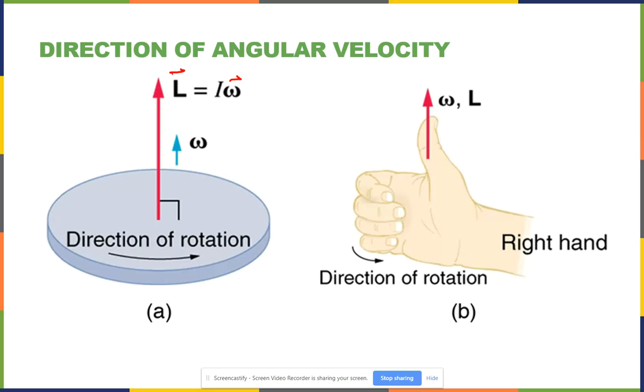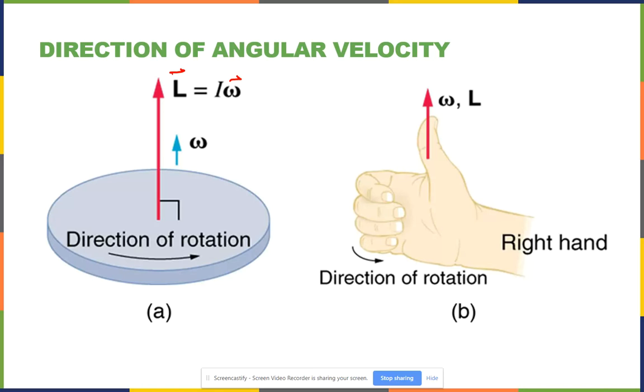But the weird thing about angular momentum is its direction. When we talked about velocity, if I'm running like this, my velocity is the direction I'm traveling. That makes perfect sense because it has to have a direction. But if something's rotating, everything is moving in a different direction.